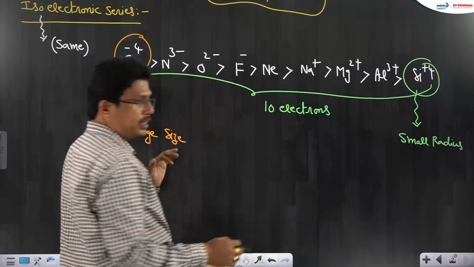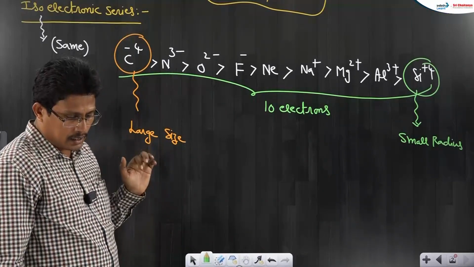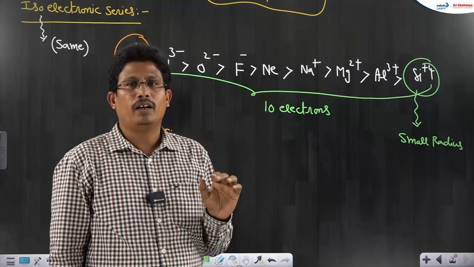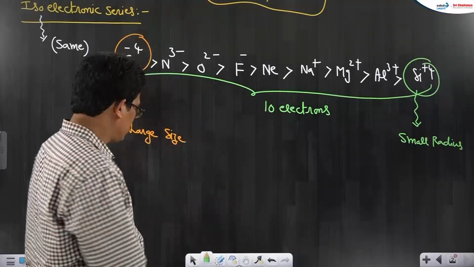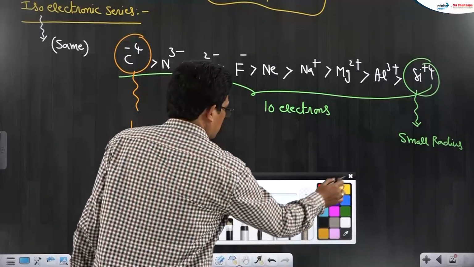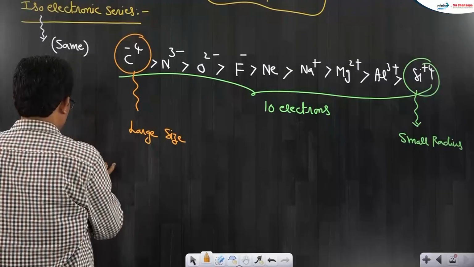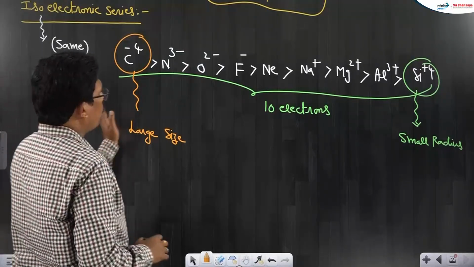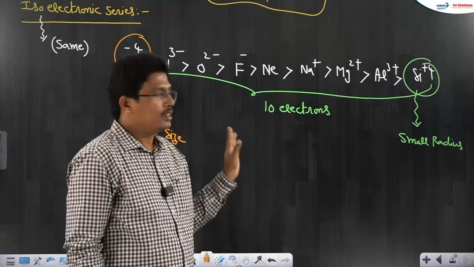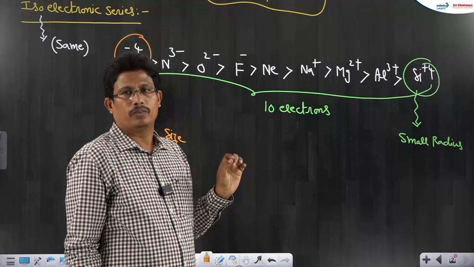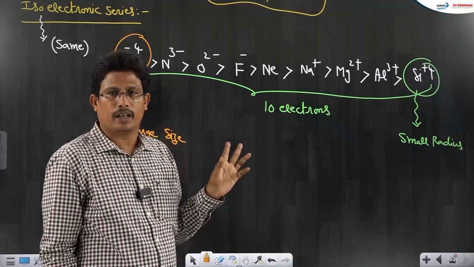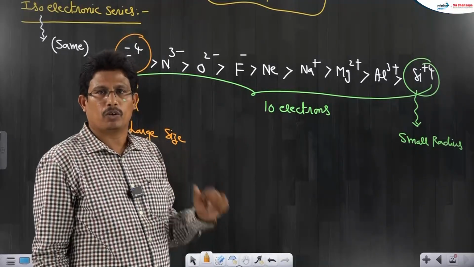Now, based on the isoelectronic series and ionic radii, what types of bits are important? First of all, if four ions are given, write the correct order of radii, either increasing or decreasing. That is one important model.